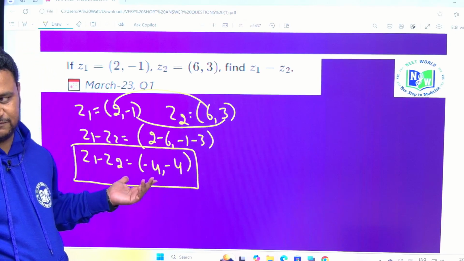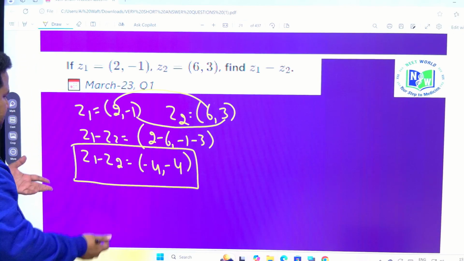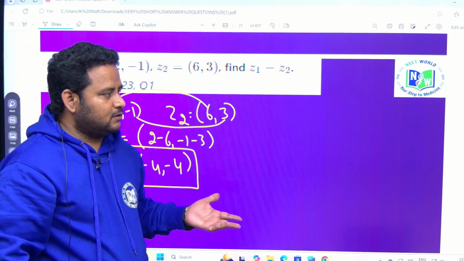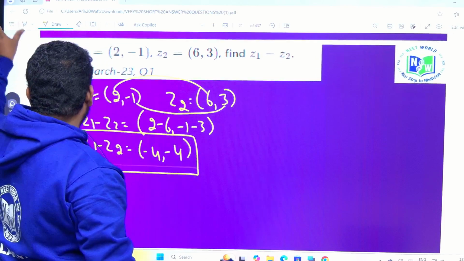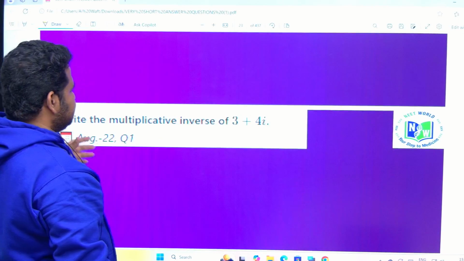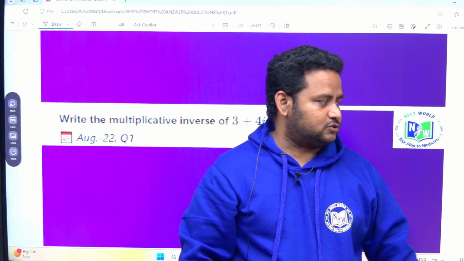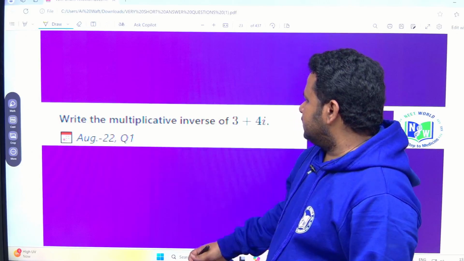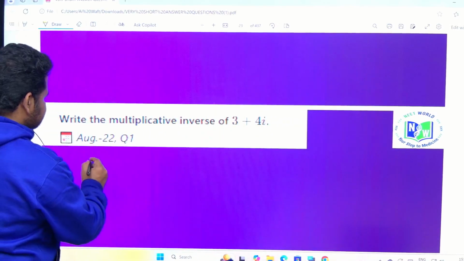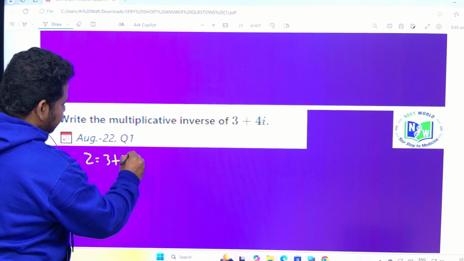You can write minus 4, okay, minus 4i, one and the same. Okay, got it. So, friends, going forward, like I told you, they have asked questions based on multiplicative inverse also. See here, friends, in the 2022 exam, they asked a question on multiplicative inverse. Z is a plus ib.